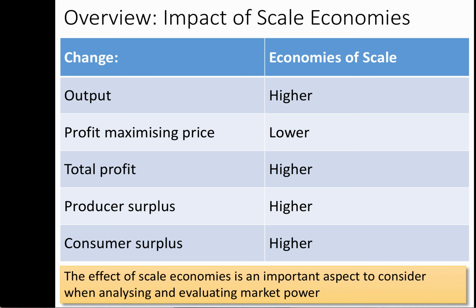We can show that with a scale economy, if it's significant enough, the producer benefits, producer surplus is higher because supernormal profits are higher, and because price is lower and output is higher, consumer surplus also gains. So the community surplus, the combination of producer and consumer surplus, is increasing with economies of scale.